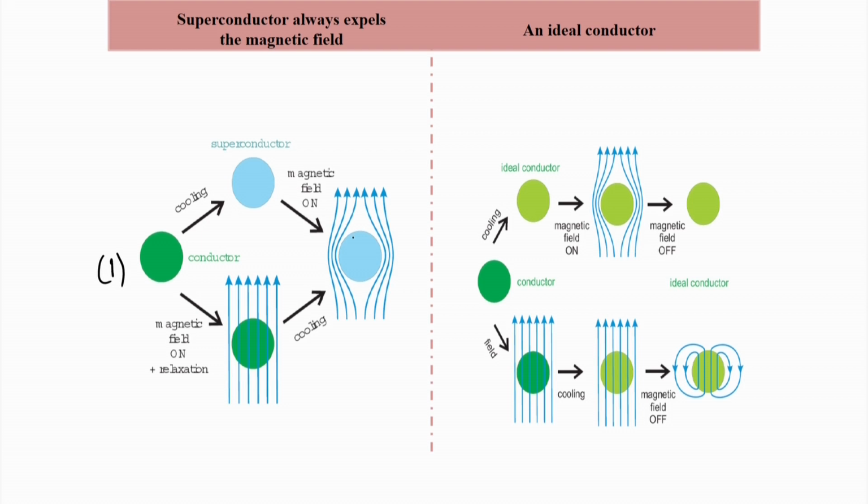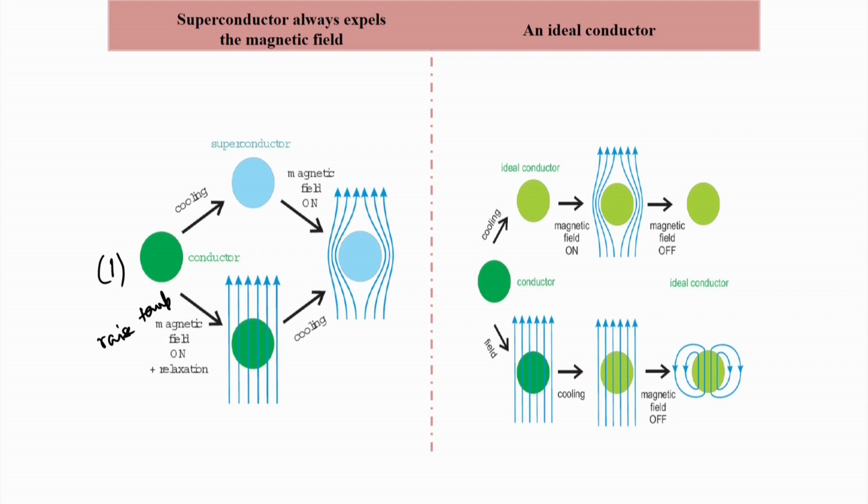If you switch on the magnetic field, the magnetic fields get expelled, and this is called the Meissner effect. If we relax, that is, if we raise the temperature, superconductivity is destroyed and the flux lines will penetrate.